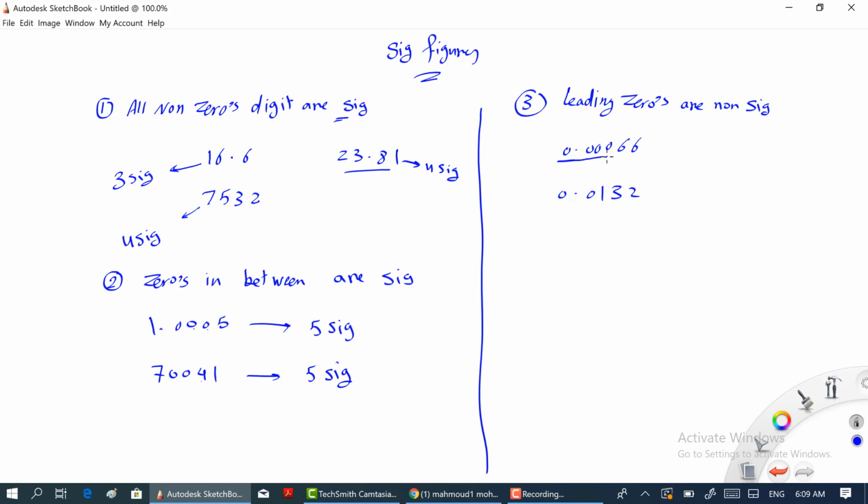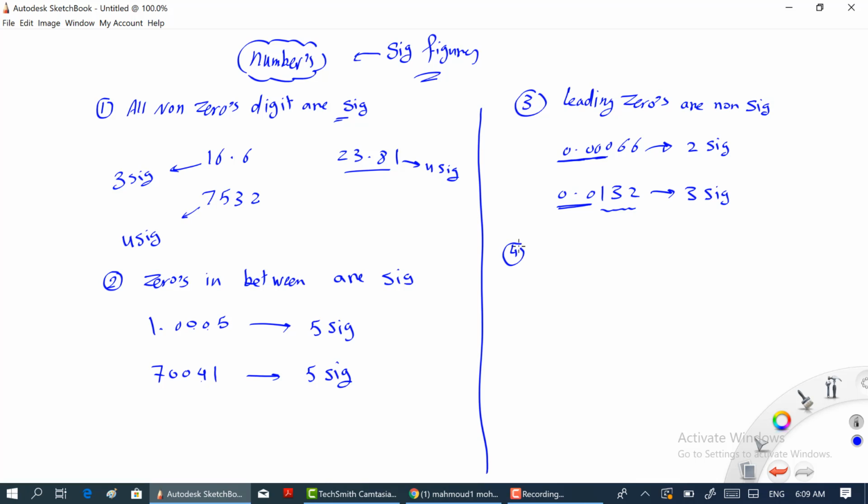According to this, the leading zeros at the left are not considered as significant figures, so the number of significant figures in this case is only 2. And for this one, we have 3 significant figures. So we're talking about significant figures only for numbers, not mathematical operations like multiplication, division, and subtraction. We are not talking about them up till now.